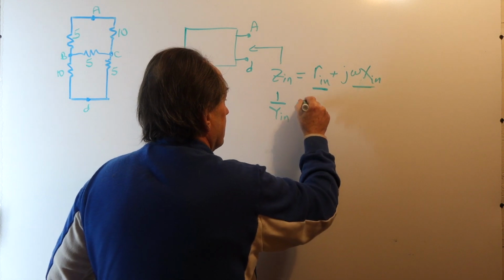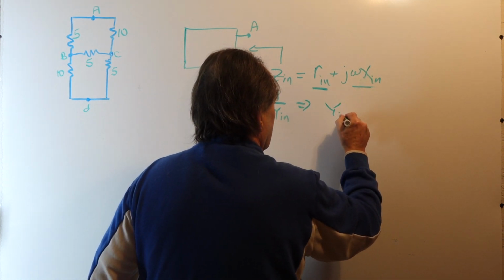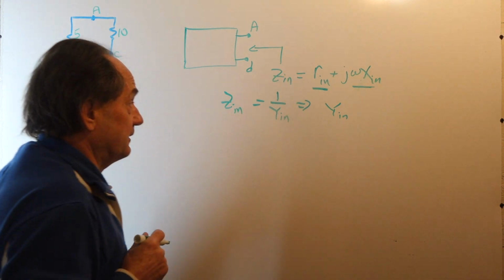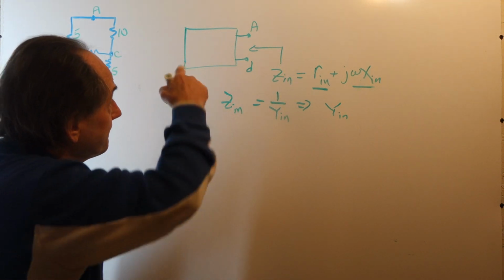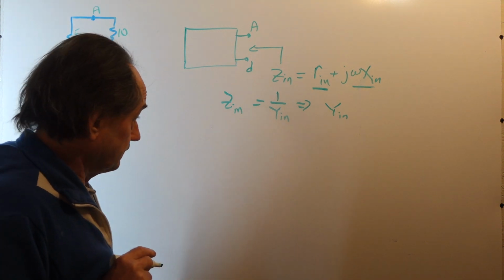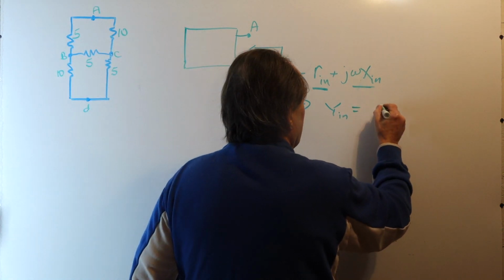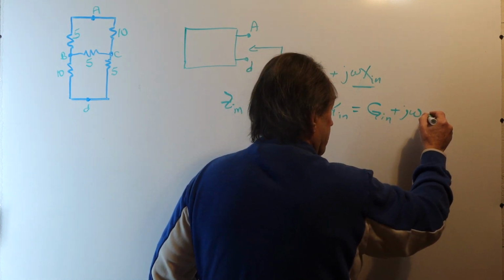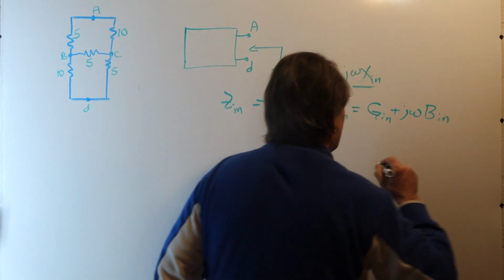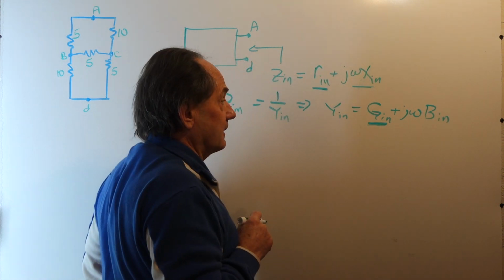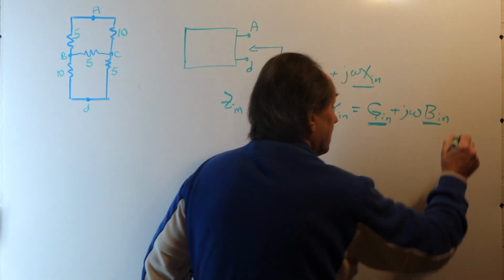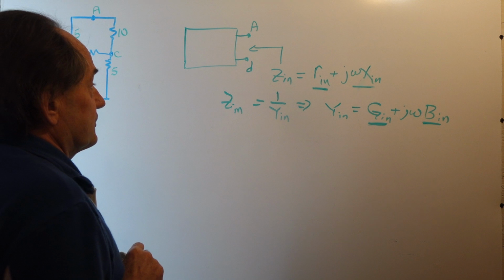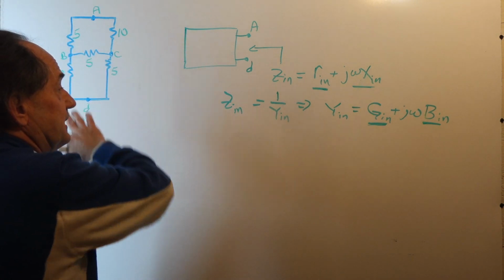And the admittance of a network is reciprocally related to the input impedance. Now, Yn can be written as Gn plus j omega Bn, where G we call conductance and B we call susceptance. Now we're only going to be interested in this DC network.